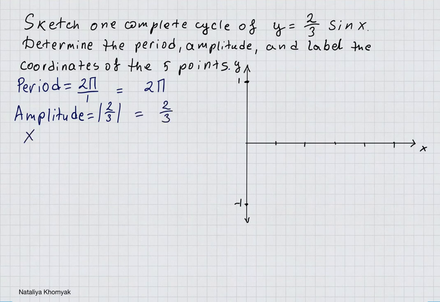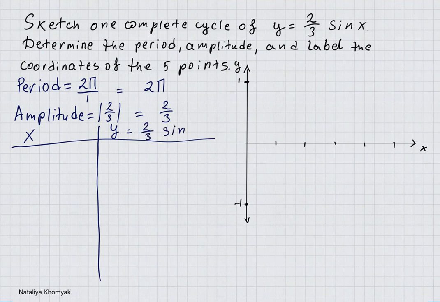So we have x and y equals 2 over 3 sine of x. The starting point is always whatever makes this angle 0. If we just have x, the value that will make that angle 0 is 0. Now y will be 2 over 3 times sine of 0.